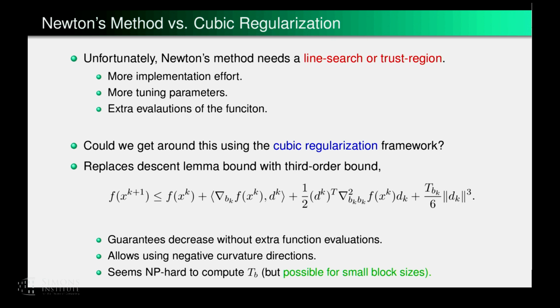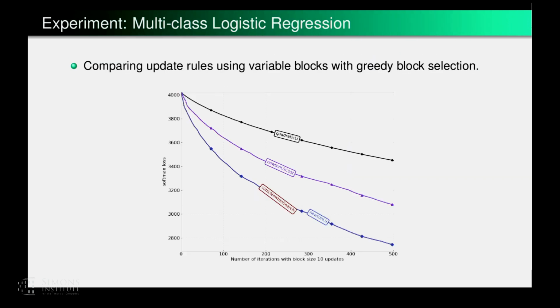But if your block sizes are small, you can actually just compute these numerically. So for block size of 1 for logistic regression, there's just an analytic formula. It's like 1/6 times square root of 3 times like the 3 norm of the largest example or something like that. It's just application of quadratic formula. And then, you know, if the block sizes are small, we can solve NP hard problems. So that's nice.